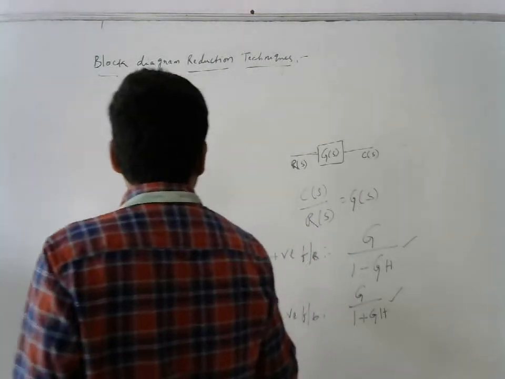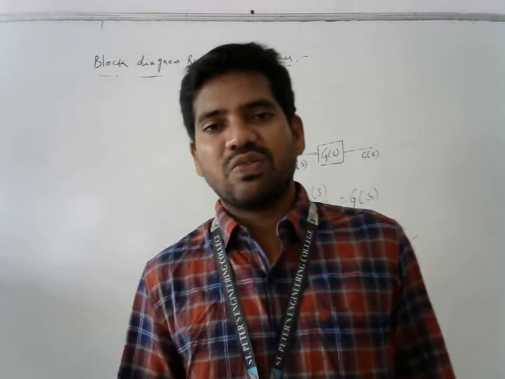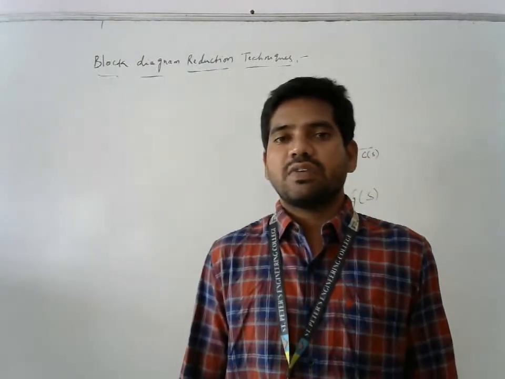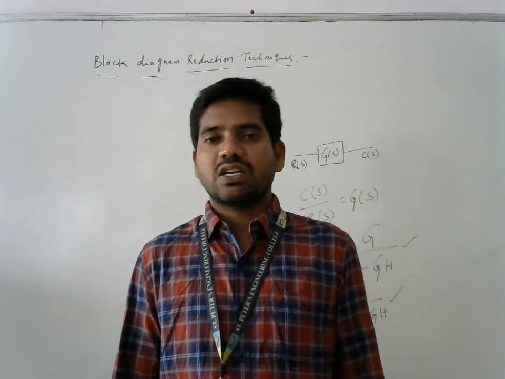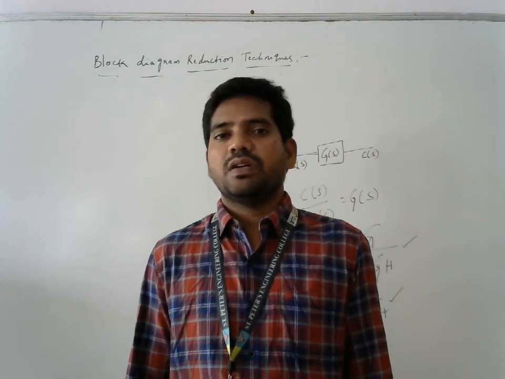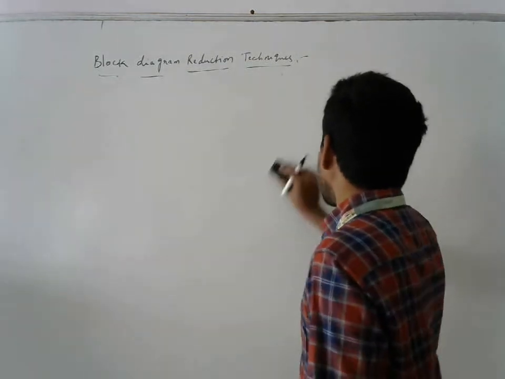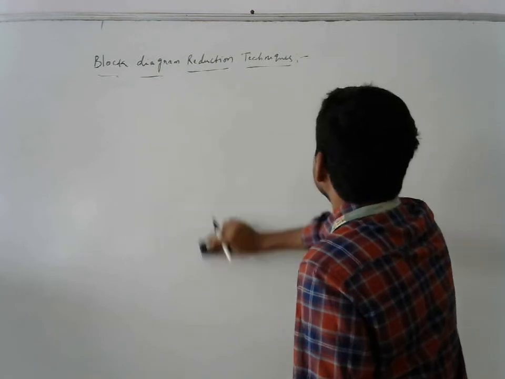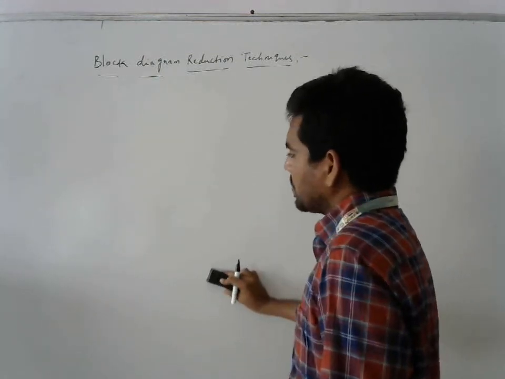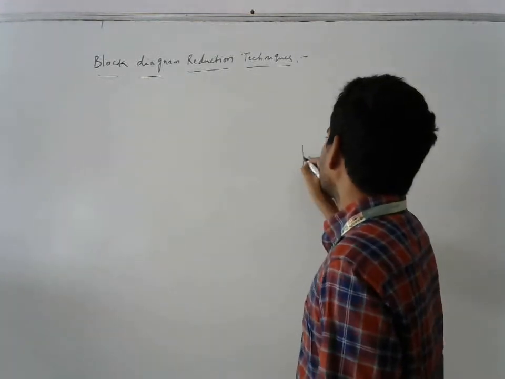In these cases we have only simple blocks, one or two blocks, so we can find the transfer function very easily. But whenever we have complicated circuits or a complicated block diagram, how are we going to reduce it into its equivalent single block?